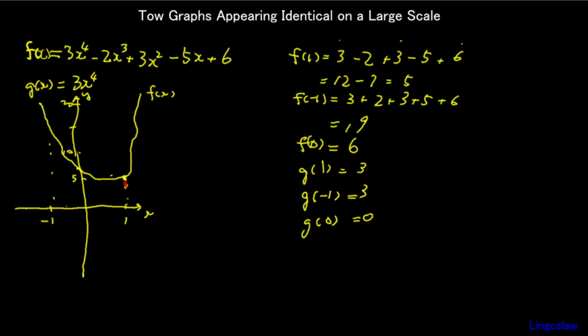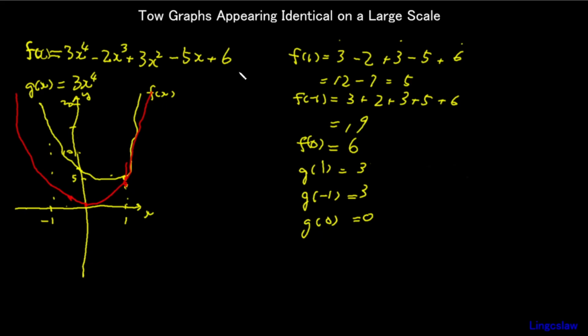So g of x is something like this. So the graphs of these functions are quite different for numerically small values of x.